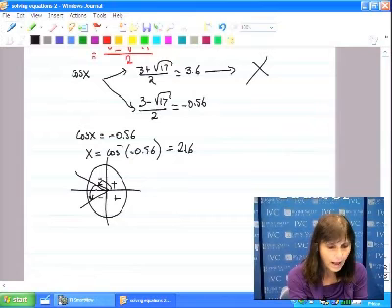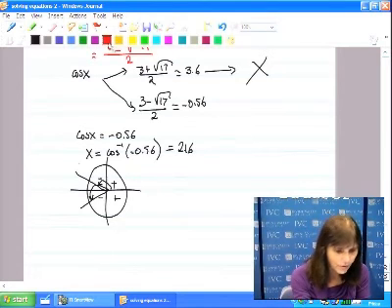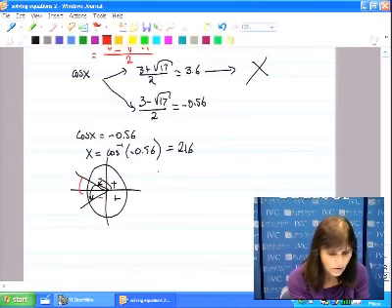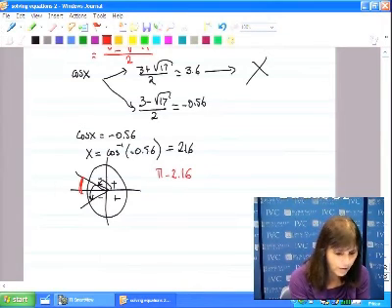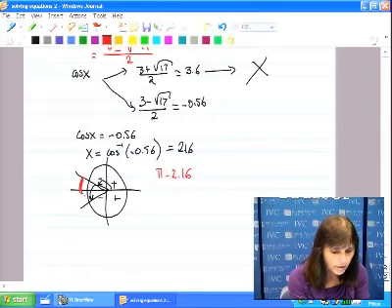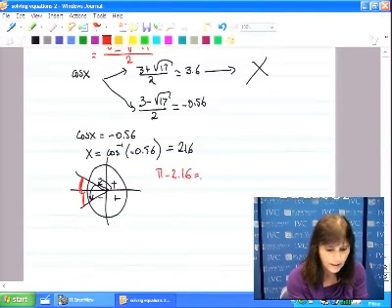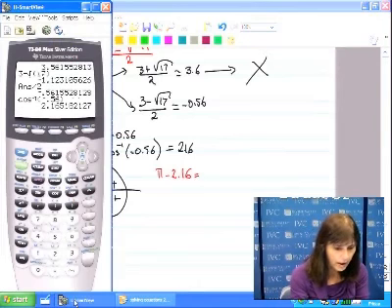So that means I need to take the pi. I need to get this reference angle. So that's going to be pi minus 2.16, right? And then, so that's my reference angle. And to get this one, I need this. So let's get that. Pi minus 2.16.